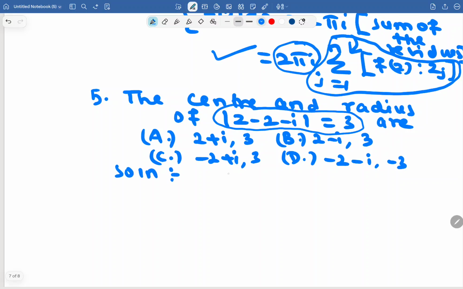Solution: given modulus of z minus 2 minus i equal to 3 is of the form modulus of z minus z naught equal to r.